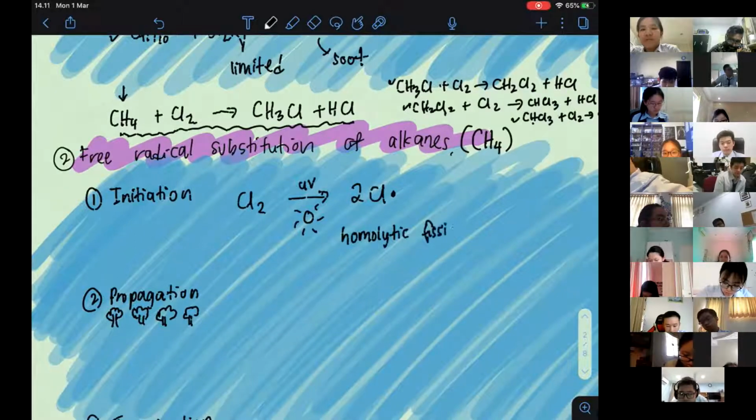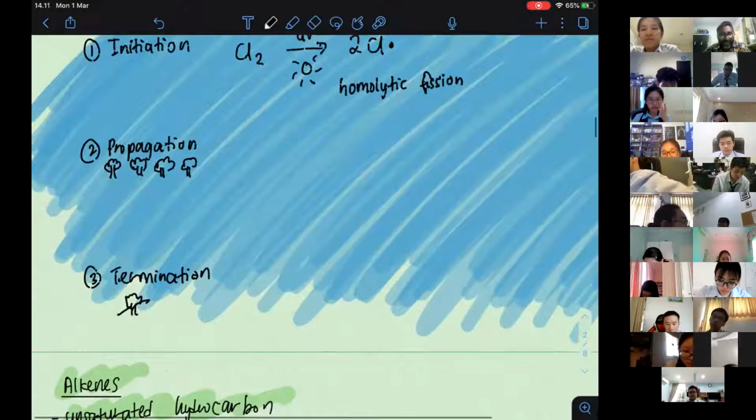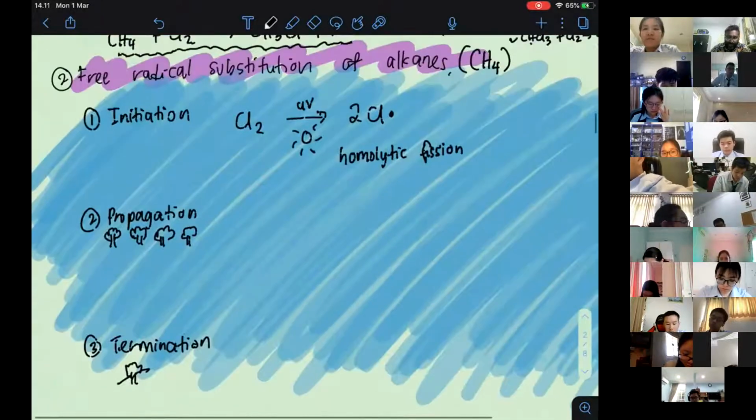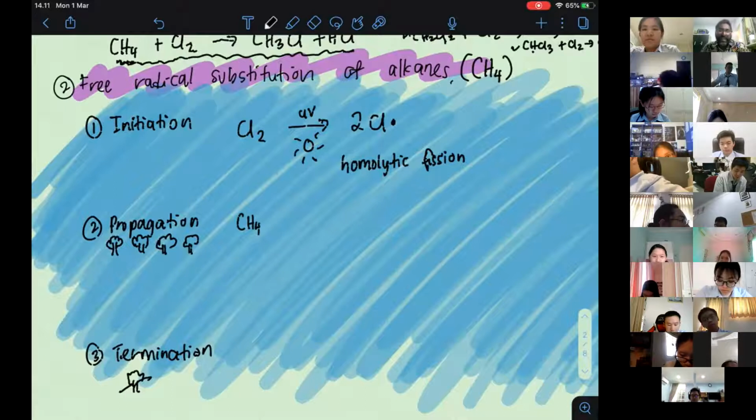So once you have this homolytic fission, what's going to happen? Propagation will happen. So let's see how the propagation happens. CH4. I always like to refer like this. Propagation is something like this.